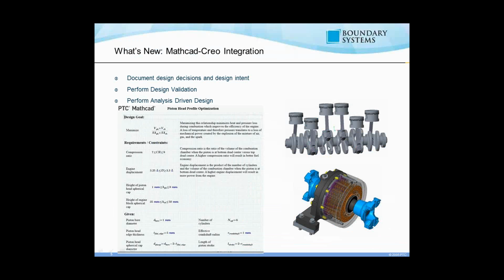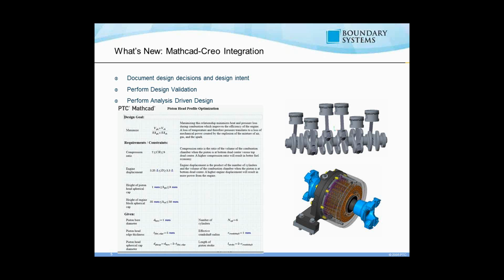Okay, so first on the list of highlights, or things that are new in Mathcad Prime 3.1, is the Mathcad and Creo integration. With Creo 3.0, PTC has basically embedded Mathcad Prime into the user interface of Creo.